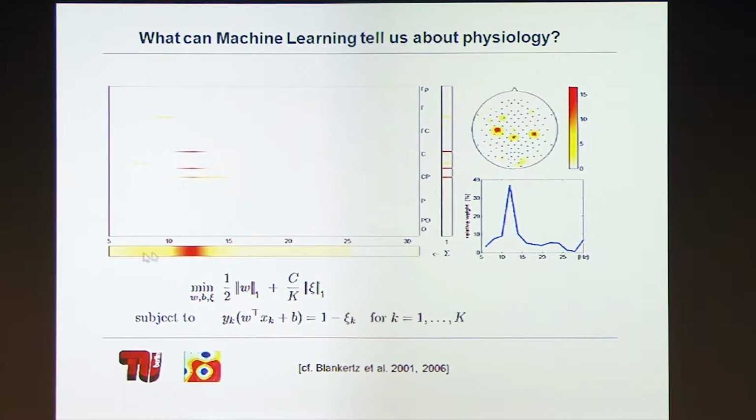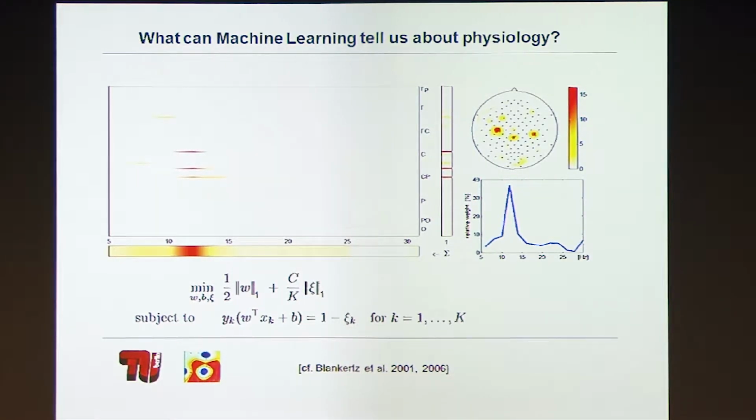So by just taking any old cognitive states that we can think of, doing the experiment, then running this through a classifier, we can infer what kind of frequency and what kind of spatial distribution we expect. For the case of motor imagery, this is really trivial. We are just reproducing existing physiology.